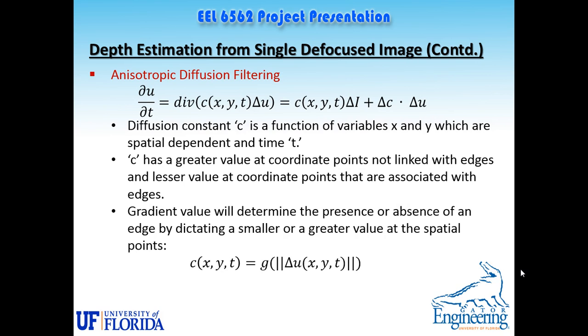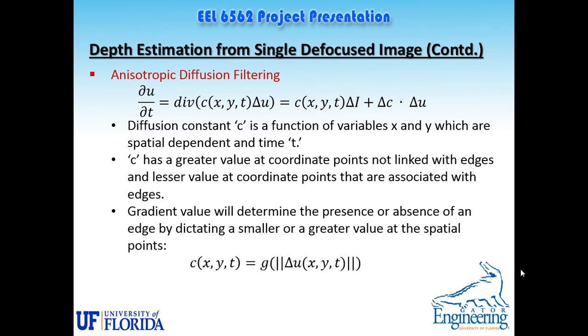From this equation, we can see that there are some parameters of primary interest. First of all comes the diffusion constant C. It is a function of variables x and y, which are spatially dependent, and it is also a function of time t. C has a greater value at the coordinate points x and y that are not linked with the edges, and it has a lesser value at coordinate points that are associated with the edges.